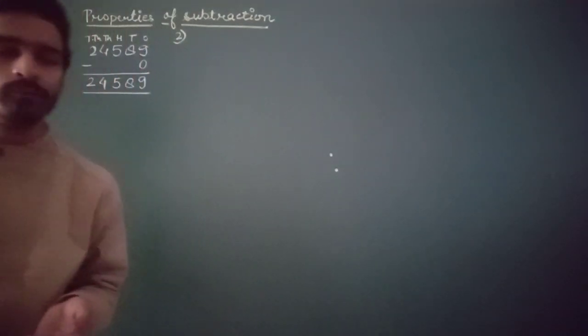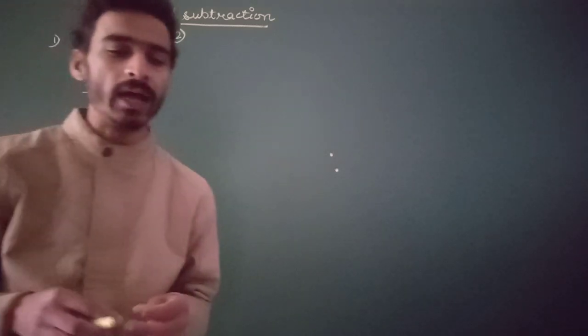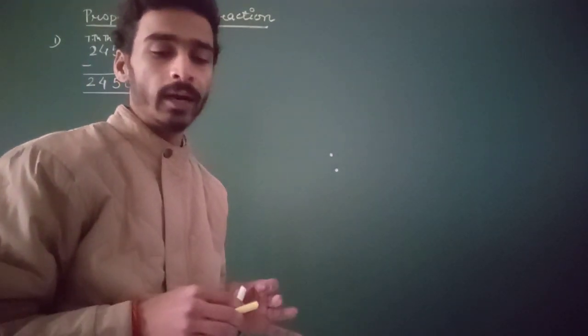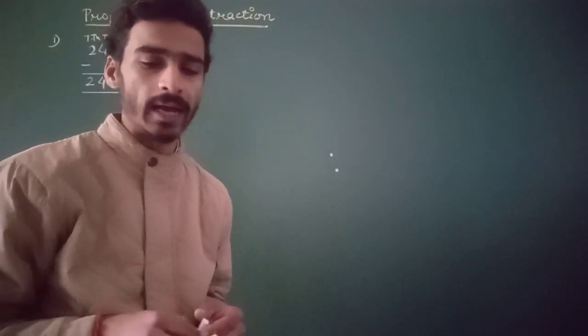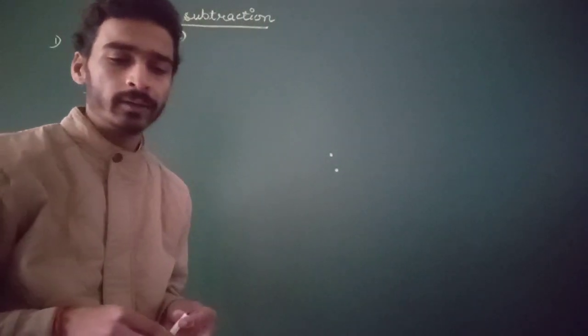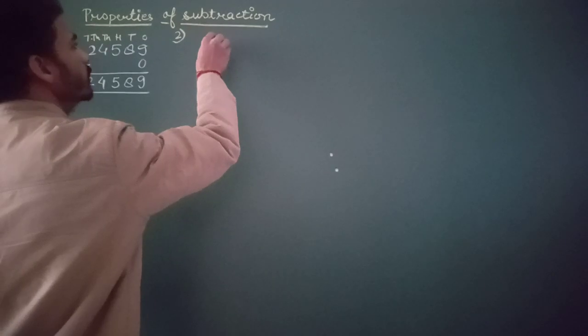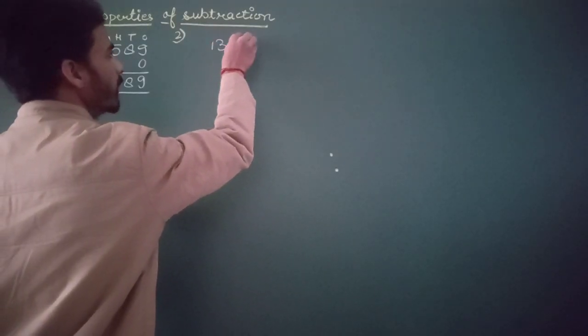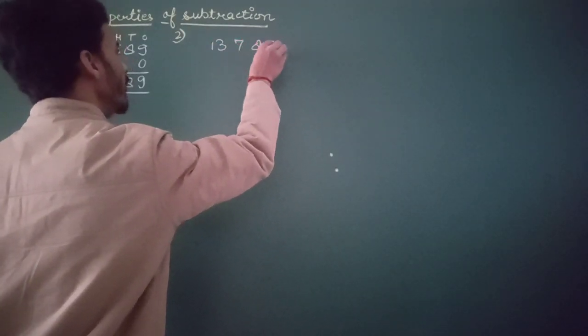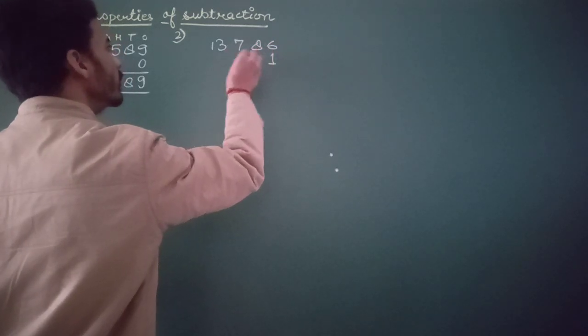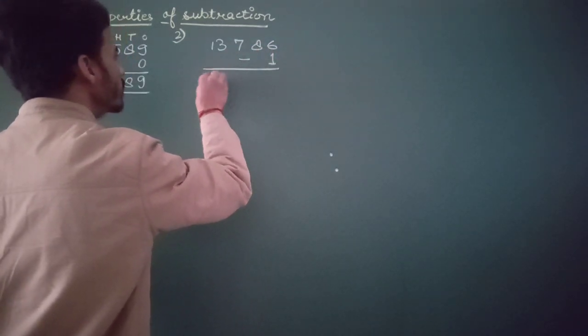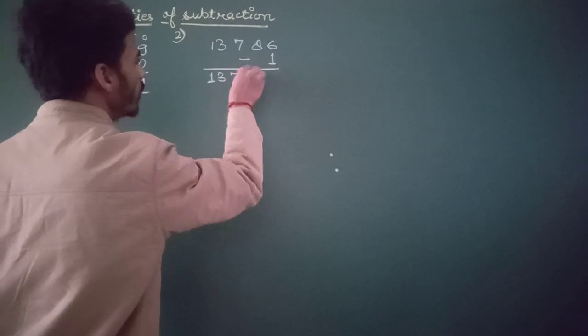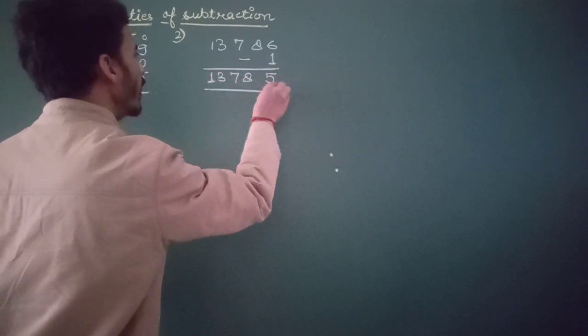When 1 is subtracted from a number, the difference is the predecessor of the number. As an example, take 13,786, that is 10,000s, 1,000s, 100s, tens and ones. 13,786 minus 1 is 13,785.